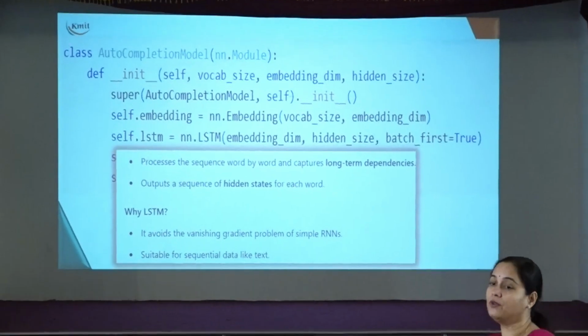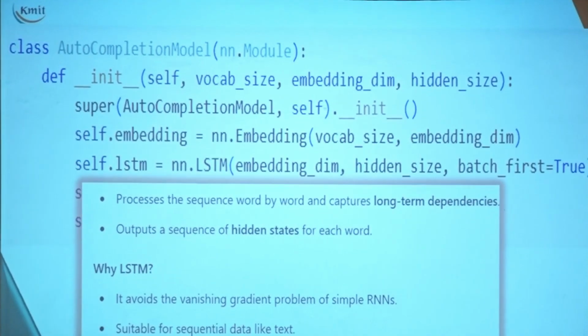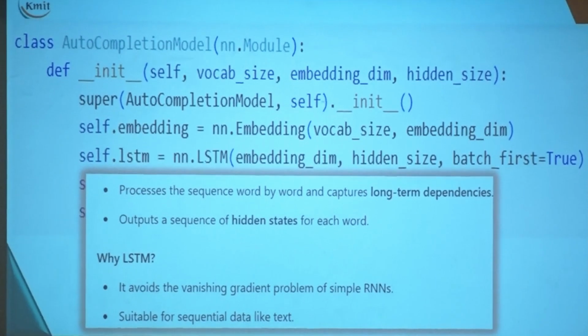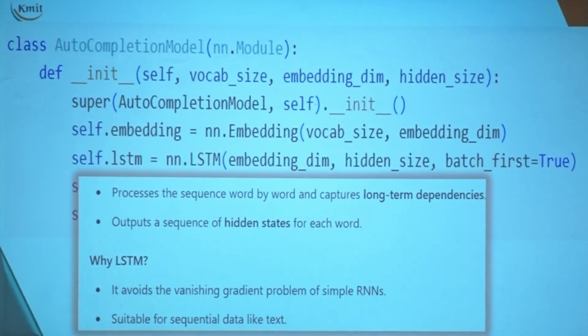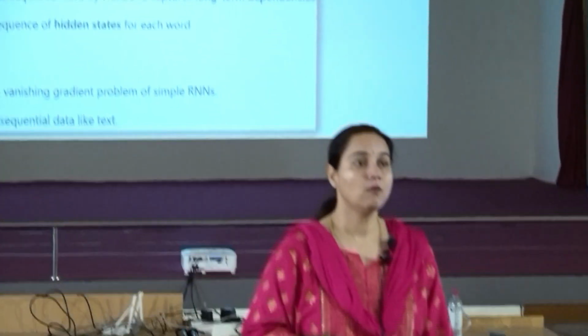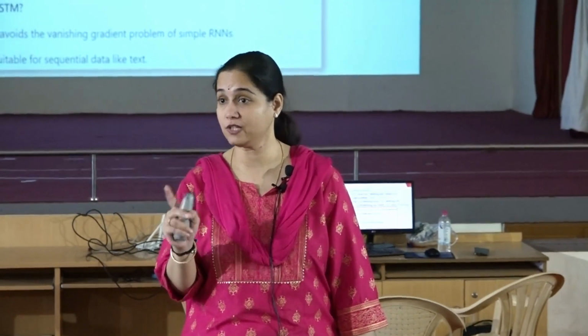After that, you define an LSTM layer here. Once you have got the vectors, you will be designing what type of neural network model it is. So the layer that I want to insert in my model is the LSTM layer. You have already seen its parameters yesterday: embedding dimension, hidden size, batch first equal to true. I explained what batch first equal to true is. Once you keep batch first equal to true, the dimensions of your input and output tensors will change.